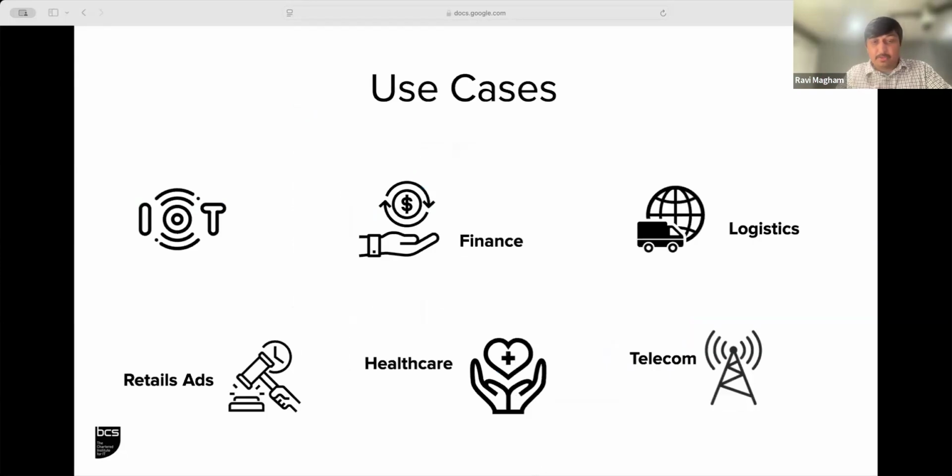And if you have to look into use cases, you have IoT, where you would want to continuously monitor sensor data. You have logistics. Earlier, I worked at a startup that was into real-time supply chain management. A lot of shipment data used to come in from the carriers, and one wants to know in real time what's happening to shipments, whether they are on time, whether there is a delay.